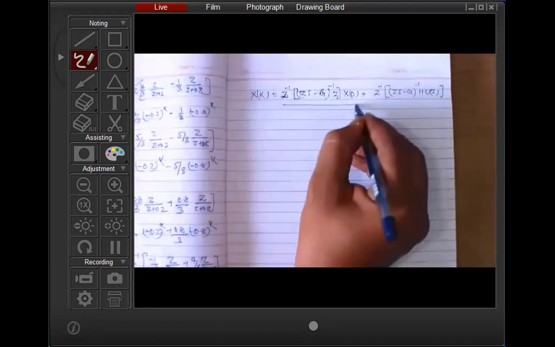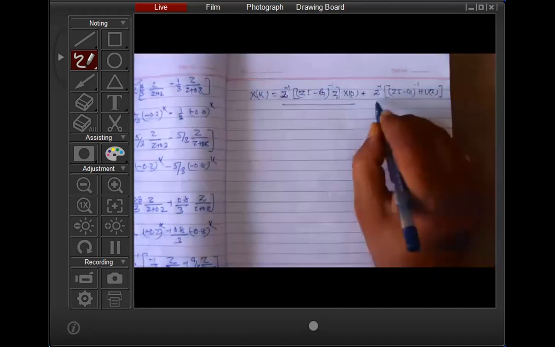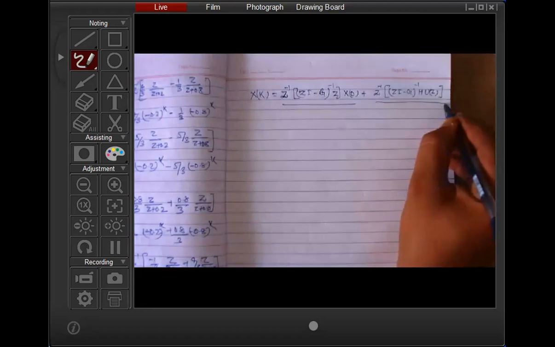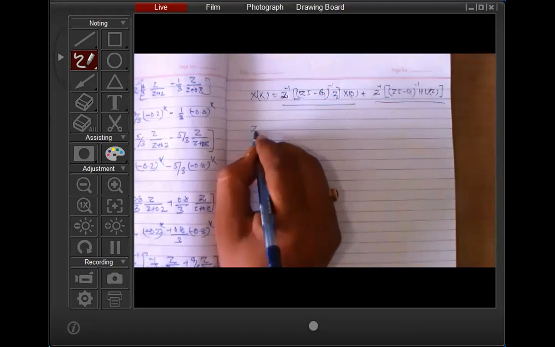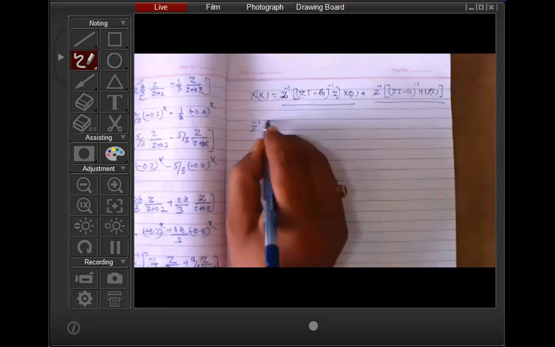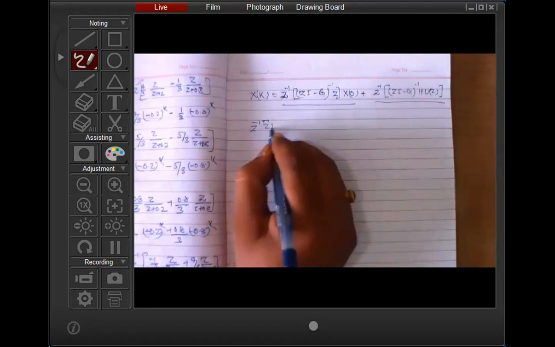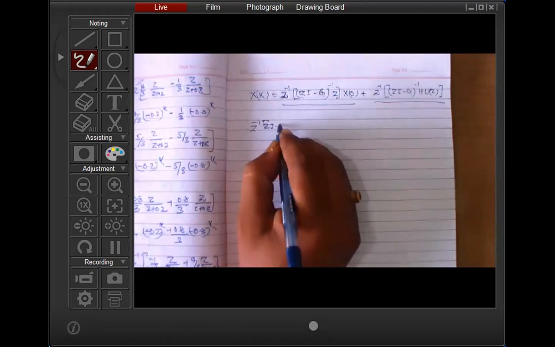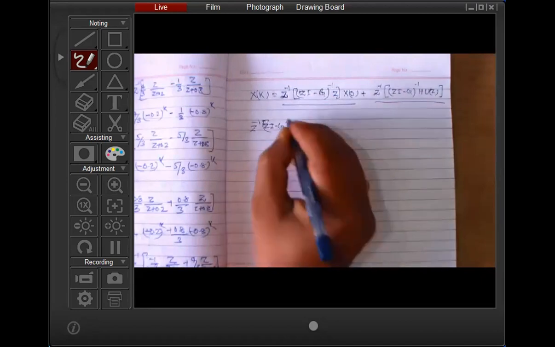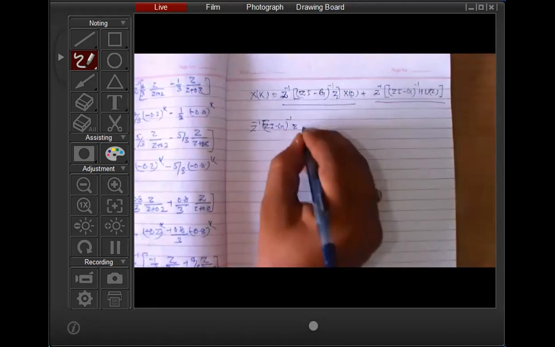So there are two parts: the first part due to the initial value and the second part due to the applied input. The first part is the inverse Z transform of (zI minus G) inverse into z into X naught.